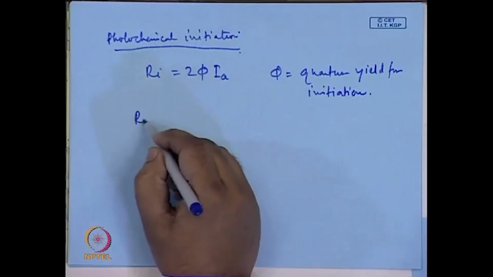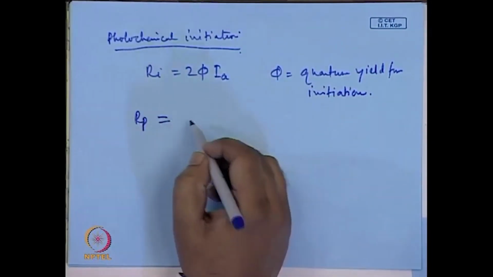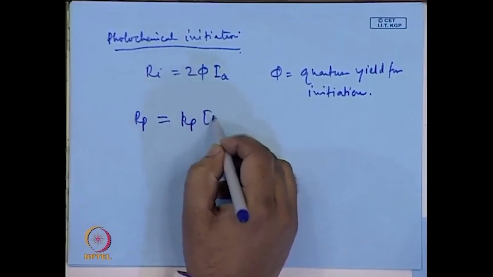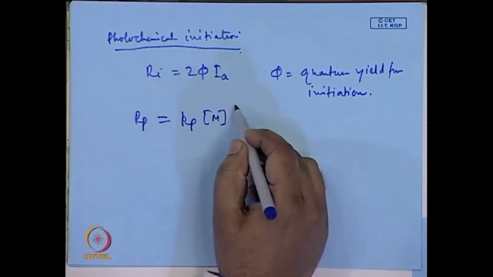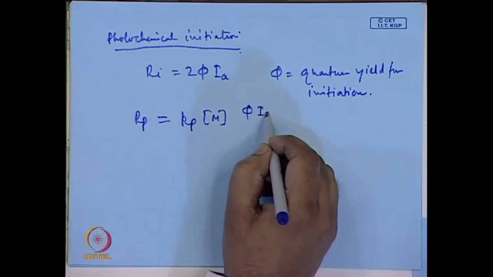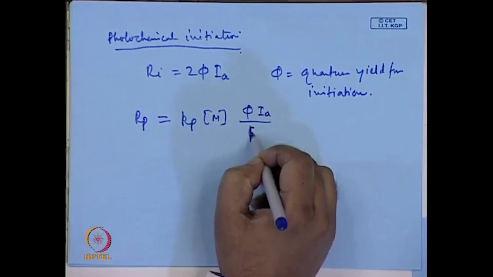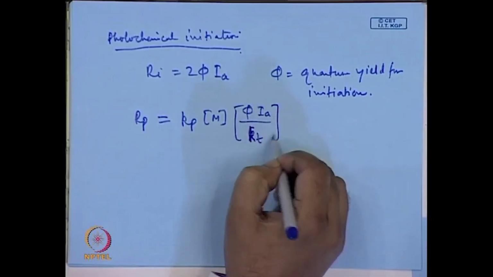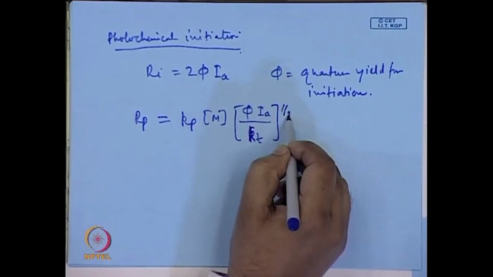So, for this type of initiation we can write Rp is m times phi Ia by Kt to the power half.